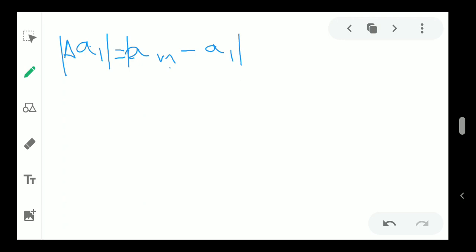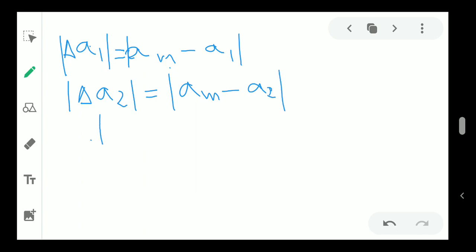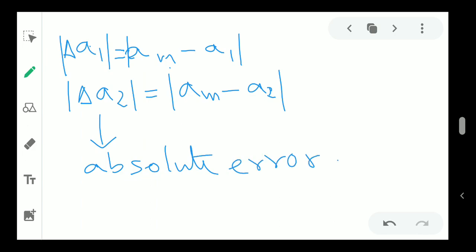So this one is delta a1, delta a2 will be your a mean minus a2. Now these things are called absolute error or uncertainty. Now there are so many absolute uncertainties, so how many will be there? N terms, right? But which one to take?